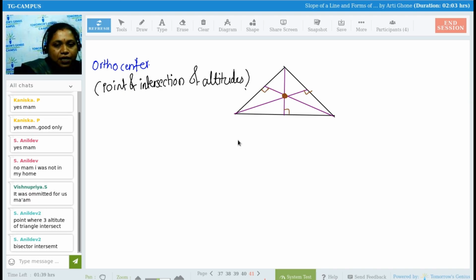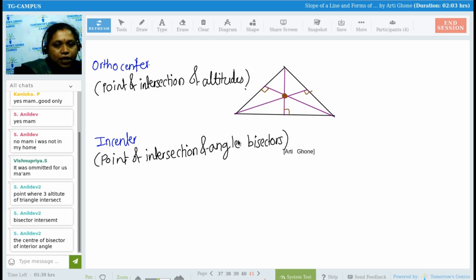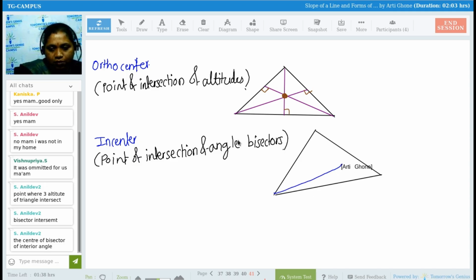Now similarly, the incenter is the point of intersection of angle bisectors. So basically you are answering correctly. Don't get confused now. So what is an angle bisector? It is the line equally dividing each angle.